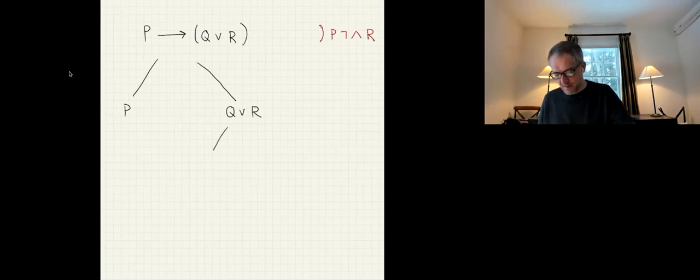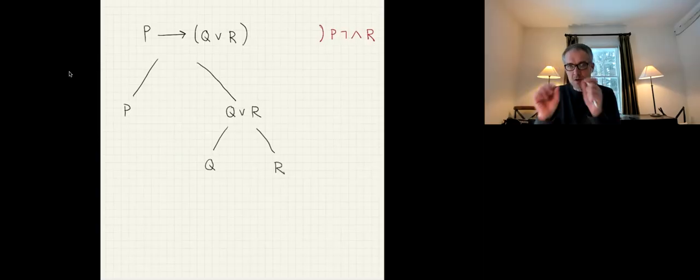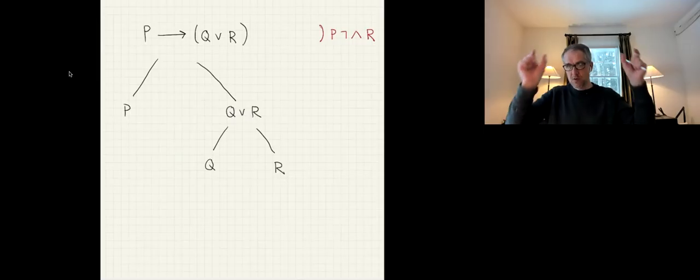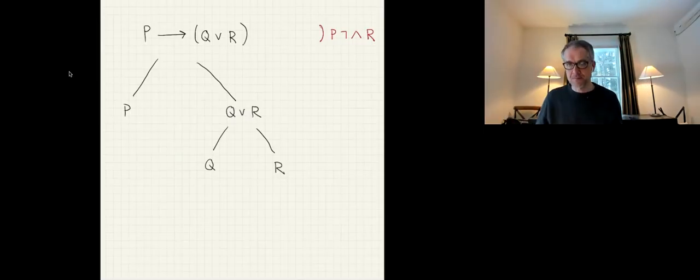The second step is Q and R. Q and R go together to make Q or R. Then P goes together with Q or R to make the entire formula. Notice the tree itself doesn't show us which connectives were used to put together the bits. We have to look at the formula. So the two branches at the very bottom with Q and R coming together to make Q or R look the same as the two branches going together for the main formula, but they're different.